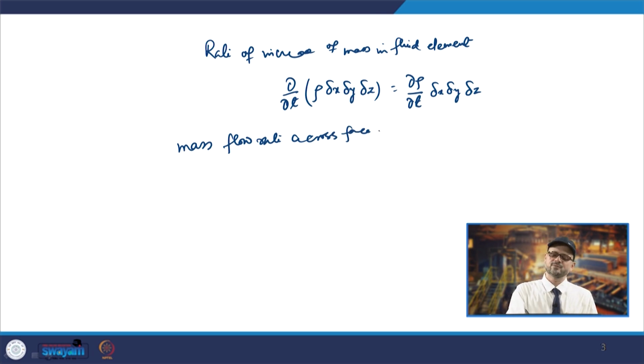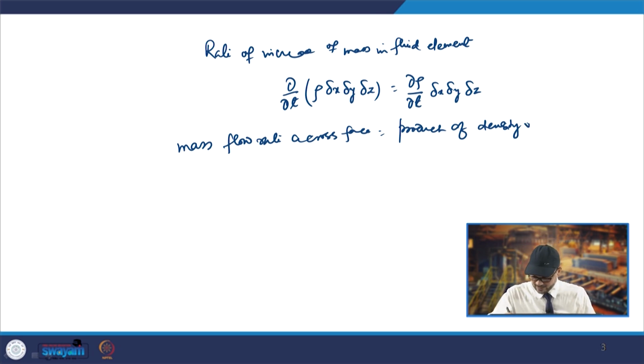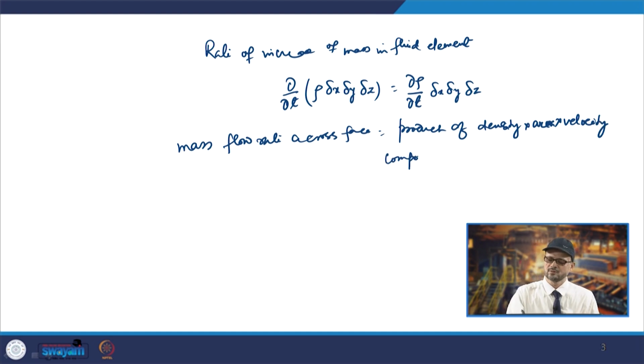That will be the product of the density, so that will be ρ, then you will have the area, and that will be further multiplied with the velocity component normal to the face.